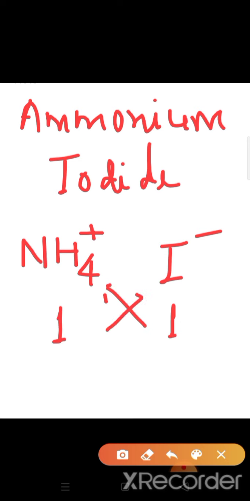Next one, ammonium carbonate. What is the formula of ammonium? NH4 positive. And what is the formula of carbonate?